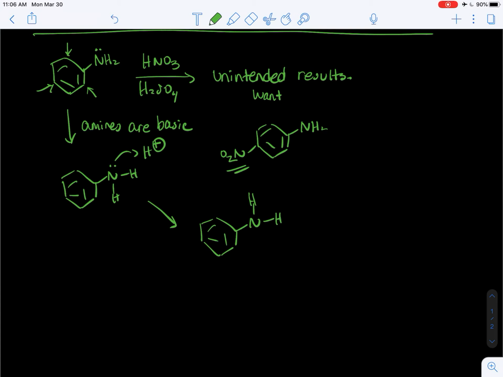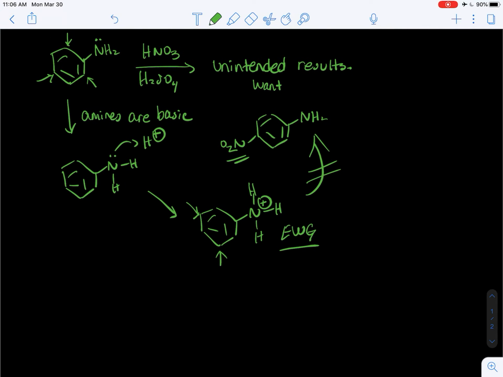And this does two things. This converts the aniline into an electron withdrawing group, because there's no longer a lone pair on that nitrogen. And now this becomes a meta-director, okay? So this becomes less reactive and it has the wrong directivity or orientation. So yeah, that's not going to work.